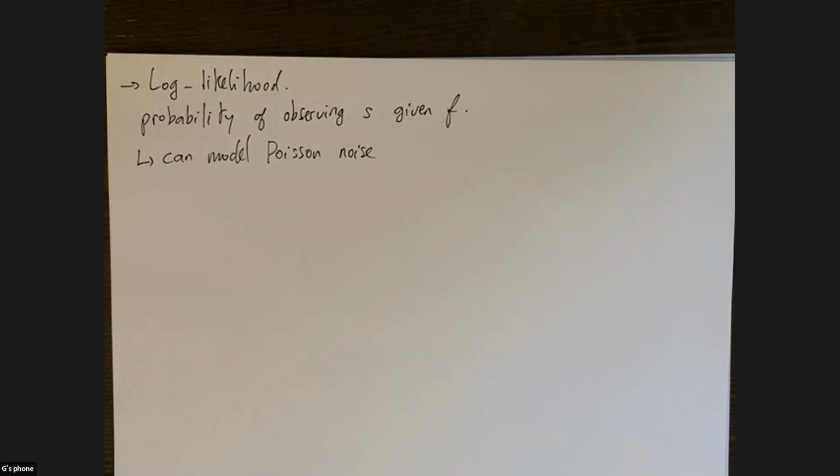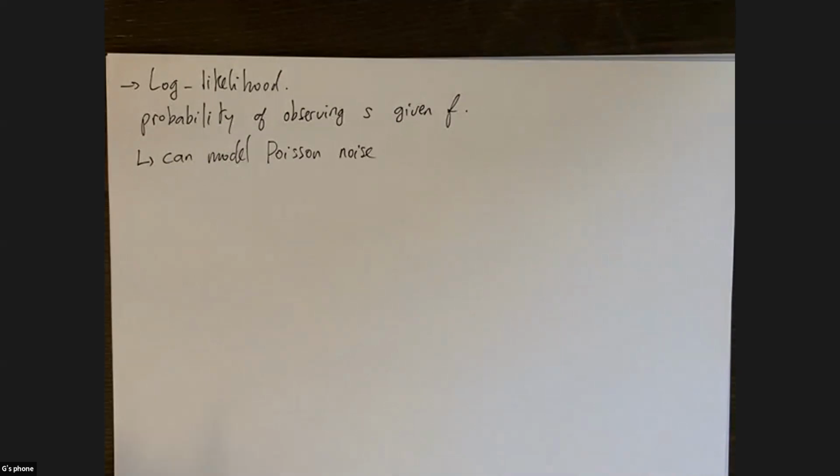And actually many different types of measurement processes have Poisson noise in them. Anytime you're counting photons or counting electrical charges, there's going to be Poisson noise. So Poisson noise is the type of noise that's really dominant in PET data or SPECT data.